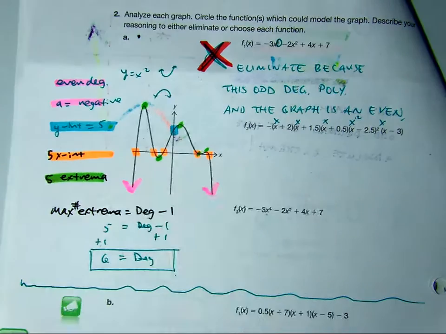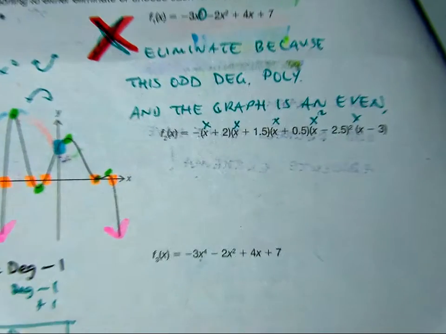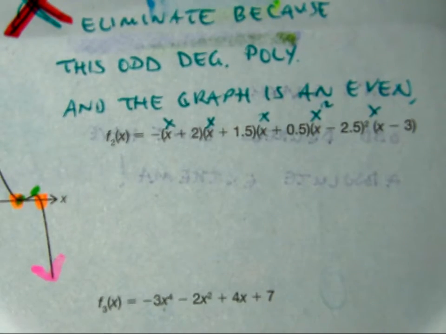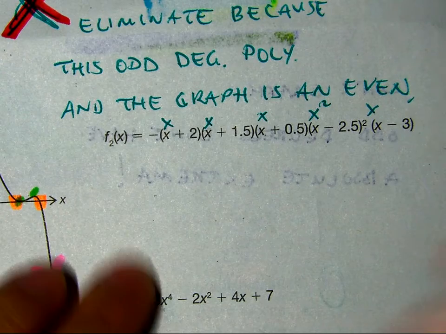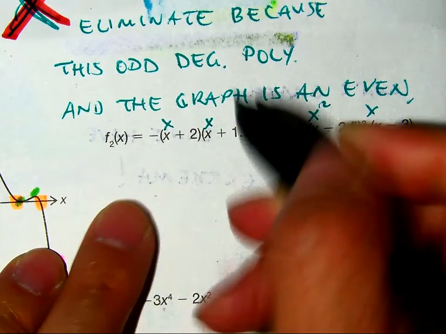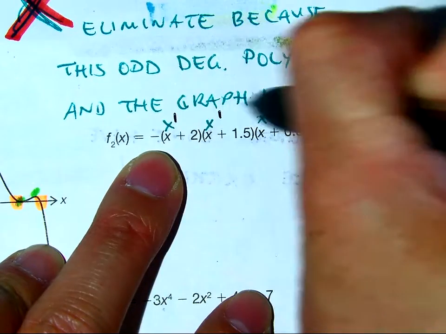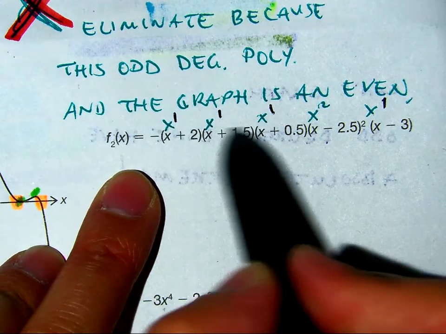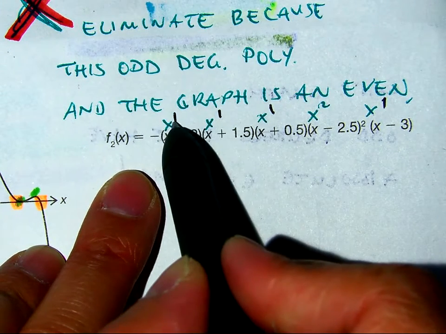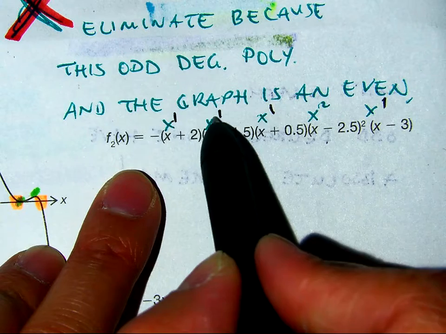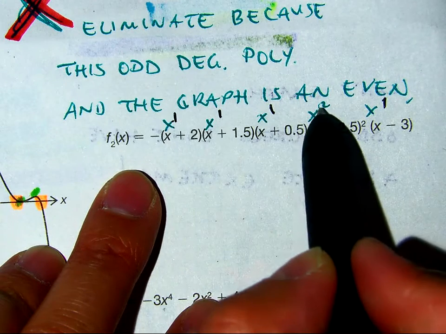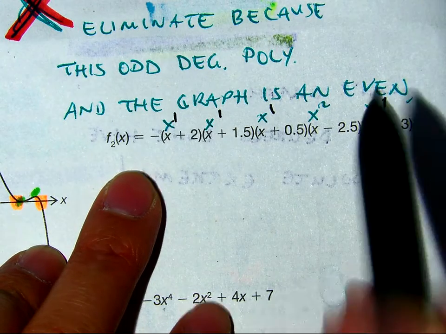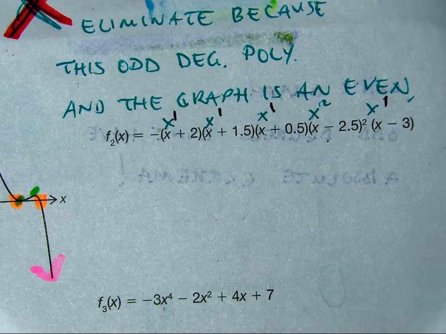And really all I'm doing here, let me zoom in for you, is multiplying. When you're multiplying and you have the same base, they're all x's, you just add the exponents. So class, what's 1 plus 1 plus 1, plus 2, plus 1? Does that match ours? Yeah.